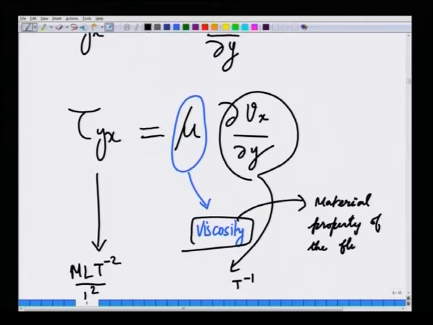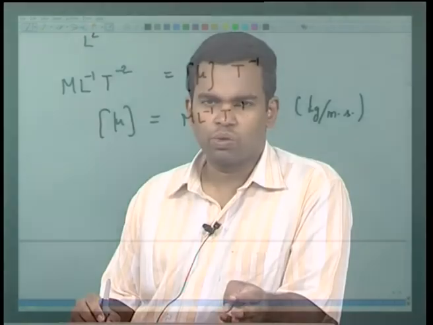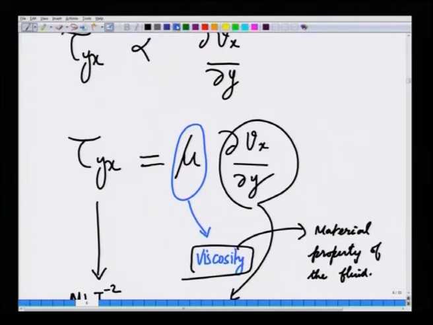This is the simplest expression because we considered a relatively simple flow between two parallel plates, where the flow is only in one direction, but in general the flow can be much more complex. But before I go to the complex situation, this is often called Newton's law of viscosity.